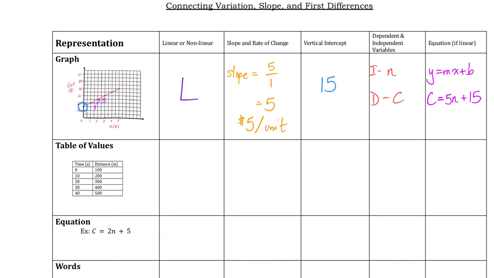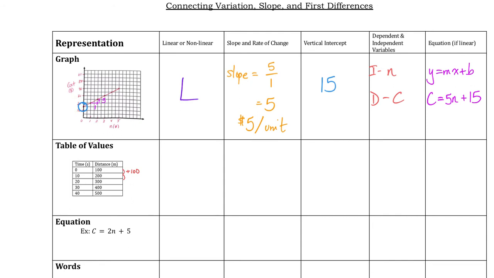Okay, we're back. So, first thing asked me to figure out linear or nonlinear, and honestly, I can't answer that yet. For me to answer that, I need to look at first differences. So, I am calculating the differences in my y values. If I look at my table, I went up 100 there. Since it is positive, I don't need to write my sign.